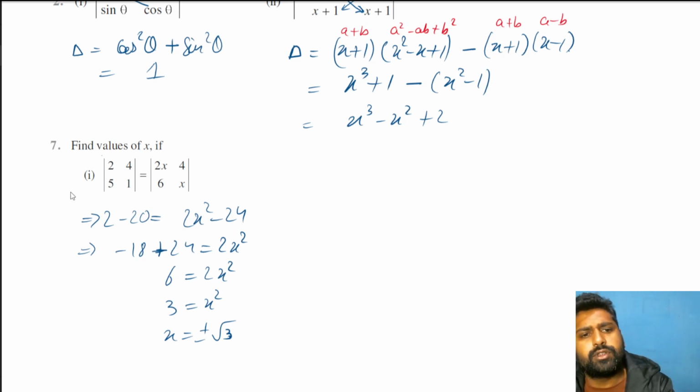Fine. We are done with 2 cross 2. Let's go for 3 cross 3 now. You will be covering 2 cross 2 and 3 cross 3. That's it. We can extend the concept for 4 cross 4 also, but it will be very lengthy.